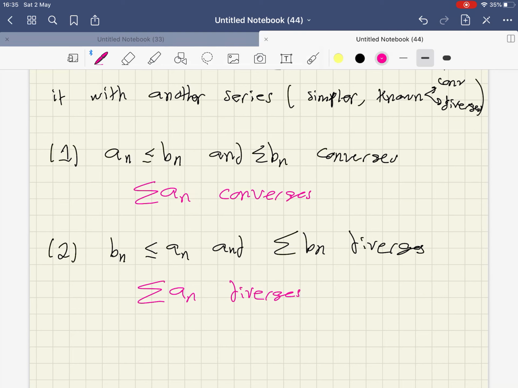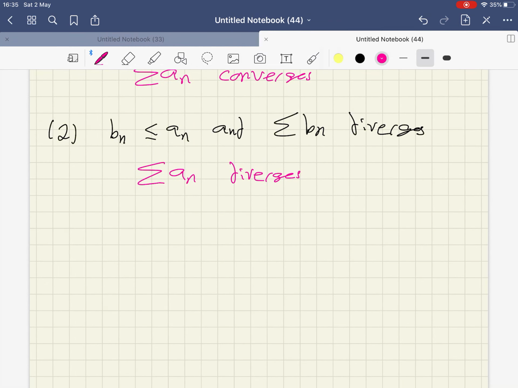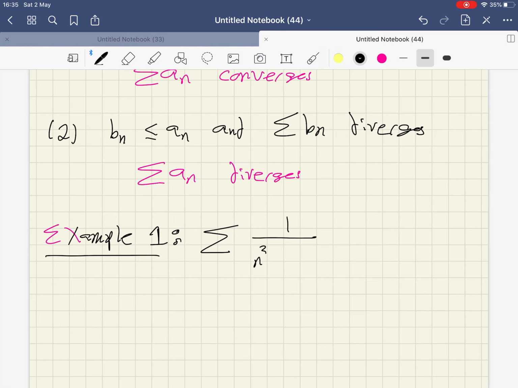Okay, that's the beginning of this section. And now let's see an example. Example number 1. The first series we will see today is the sum of 1 over n cubed plus 8.